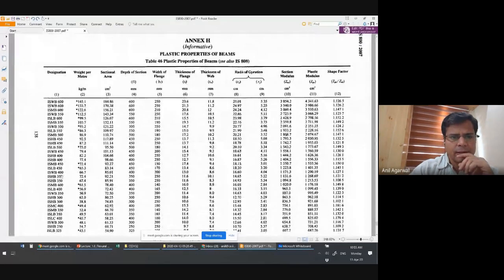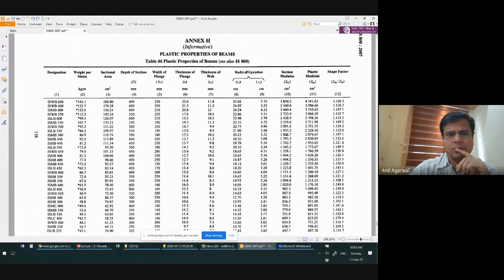If I take ISMB 400, the total depth is 400, so I can assume the thickness of the flange is 16, so 32.